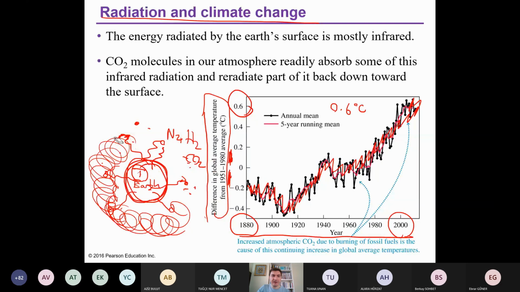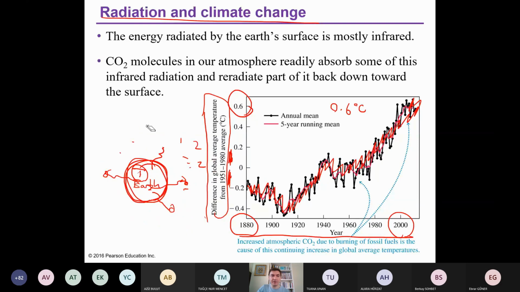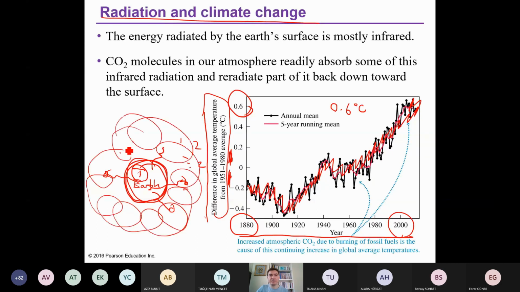If the atmosphere around the Earth contains less dust particles and less carbon dioxide, then this heat will be transferred by radiation to space. Then we can keep the Earth's temperature more or less constant without increasing.